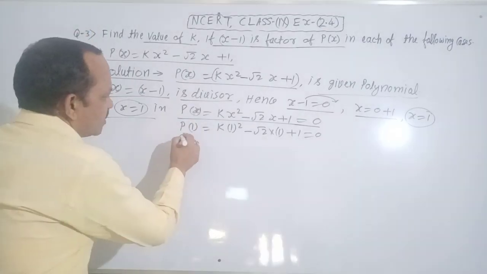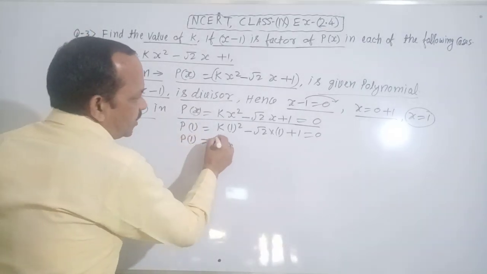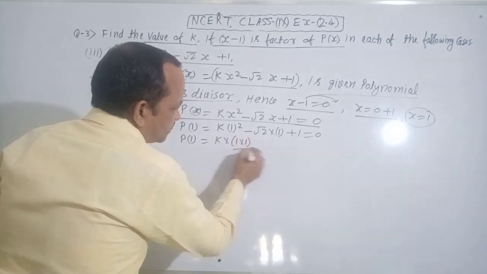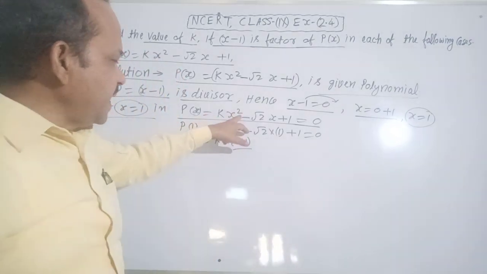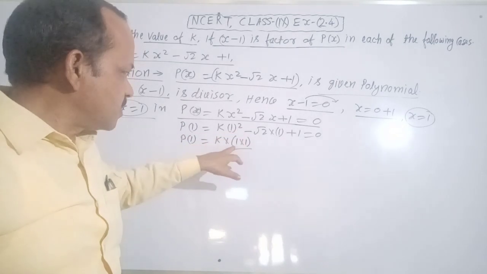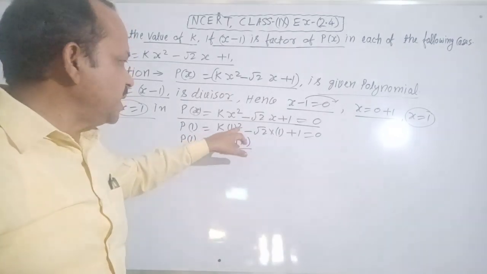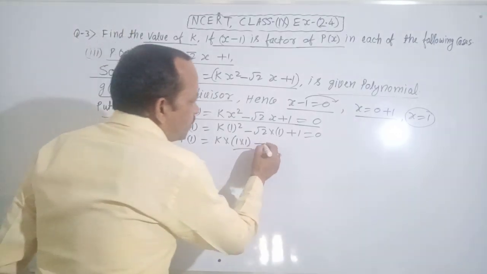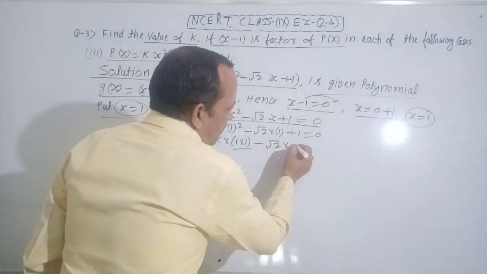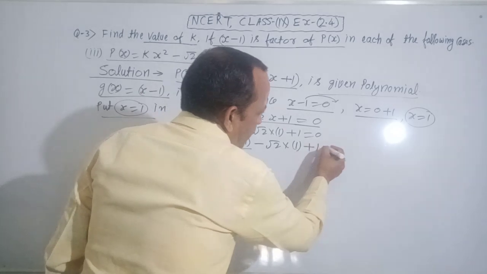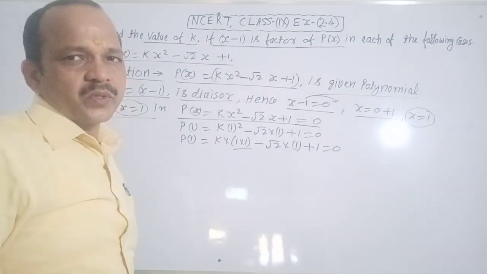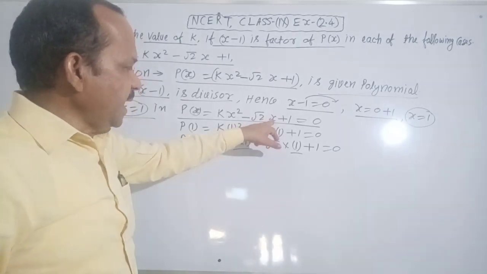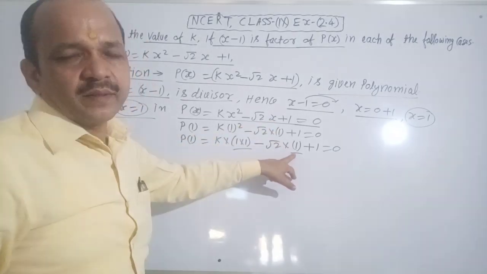See the work. p(1) equals k multiply 1 multiply 1, 2 times. Because here x square means 1 square, means 1 multiply 1, 2 times. Clear? Minus root 2 multiply 1 plus 1 equals 0. Here x means 1. Clear?